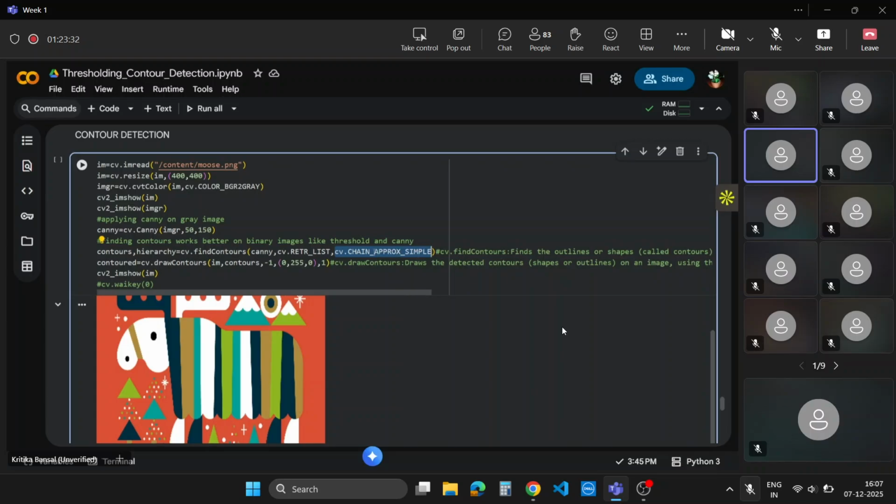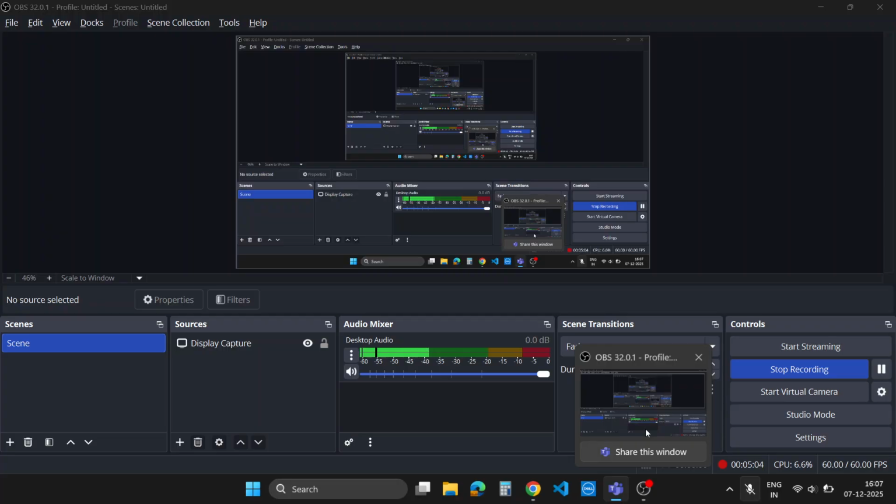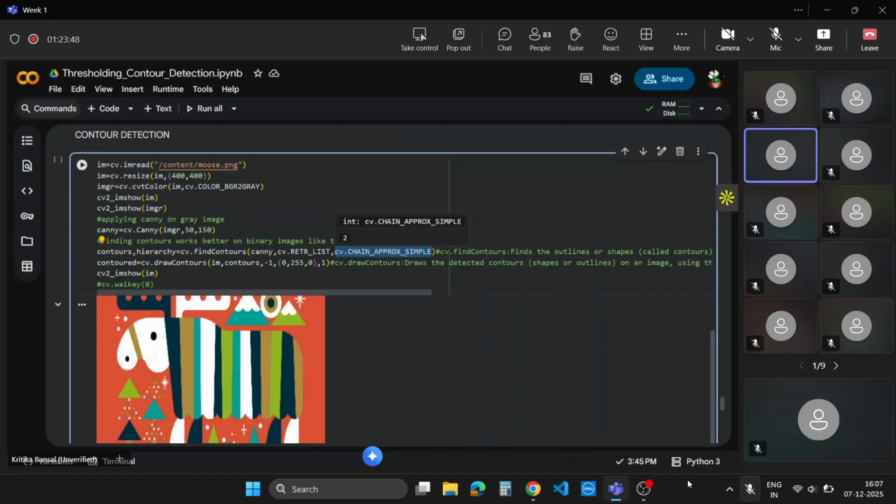If you change this attribute to chain approx none, then it will consider all the points, all the pixels along the contour. So that is what chain approx simple and chain approx none will do.